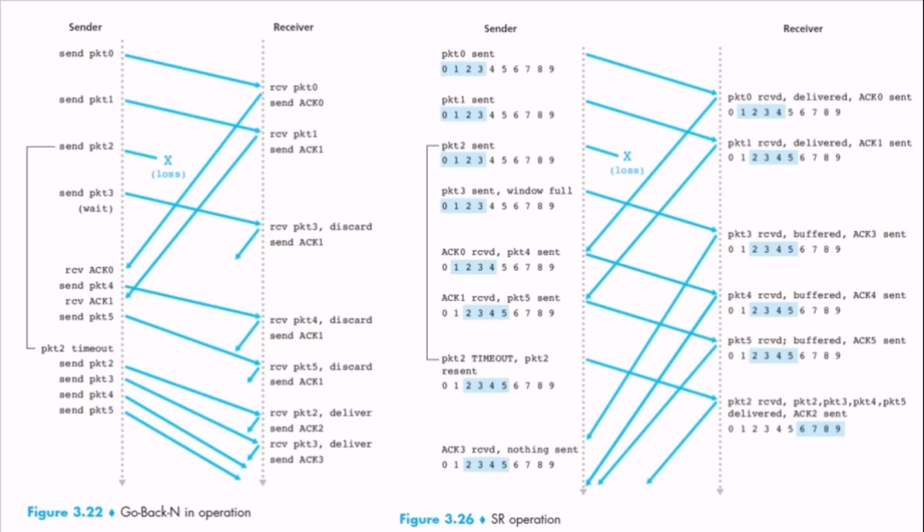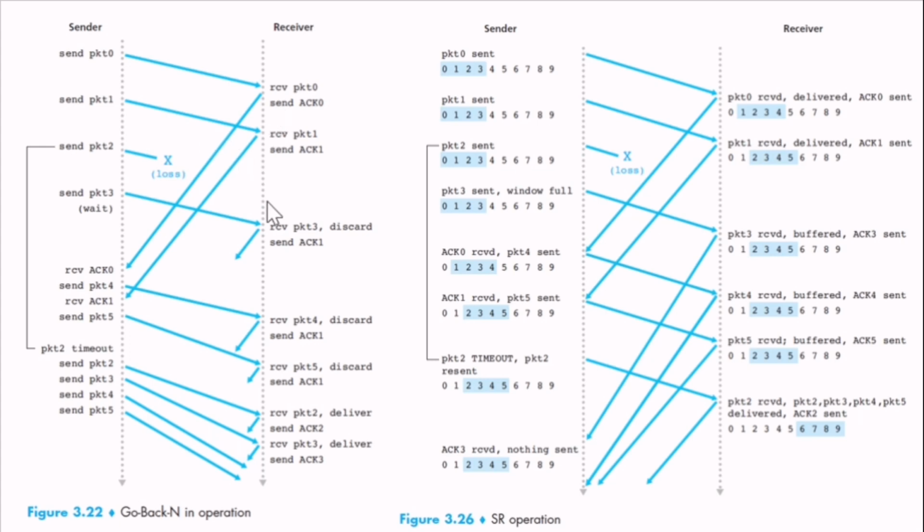In this figure, there are two examples. The first is the Go-Back-N operation and the second is the SR operation. So let's look into the Go-Back-N operation. In this example, there are 5 packets sent, N equal to 5. Packet 2 has an error, so the transmission is lost.